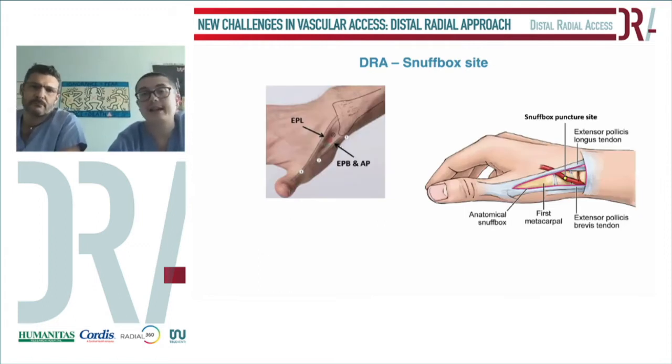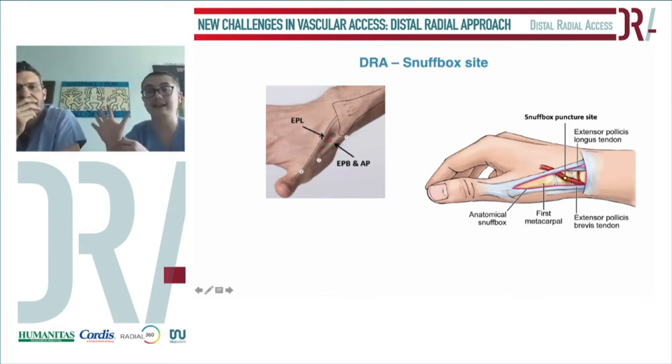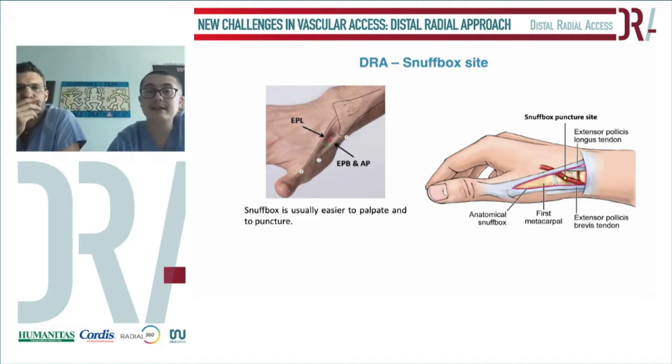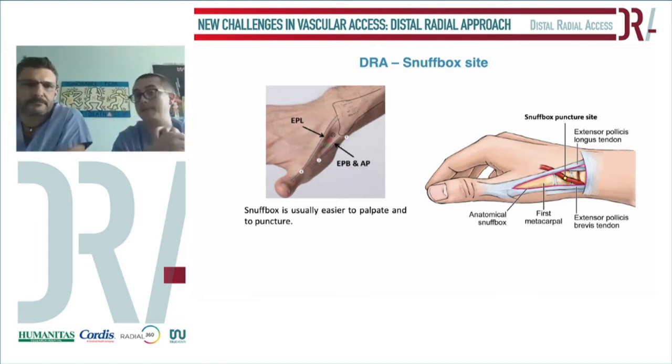So this is the typical distal puncture. The snuff box site is easier to see when you extend the thumb, the first finger, but it's easier to puncture if you flex your thumb, so you can puncture just above the pulse, because the pulse is really a good landmark. It's a good puncture site because it's really easy to palpate. At the beginning, it felt strange for us to search this spot, but now it's the first thing that we do when a patient comes in the cath lab.